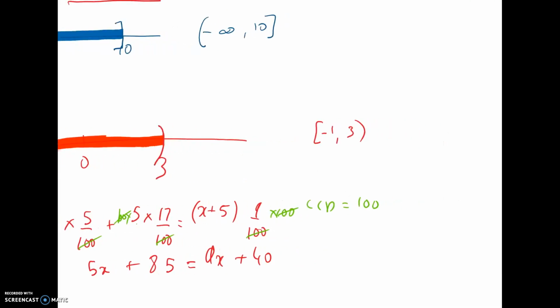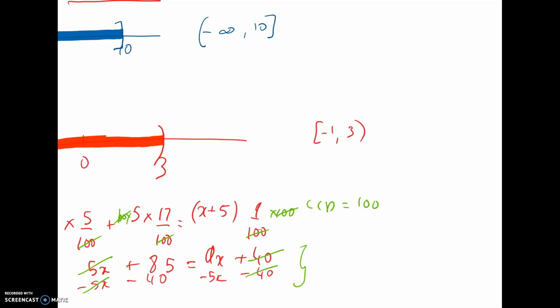So I'm going to subtract 5x, and I'm going to subtract 40. By doing so, I get rid of the 5x on the left and the 40 on the right.